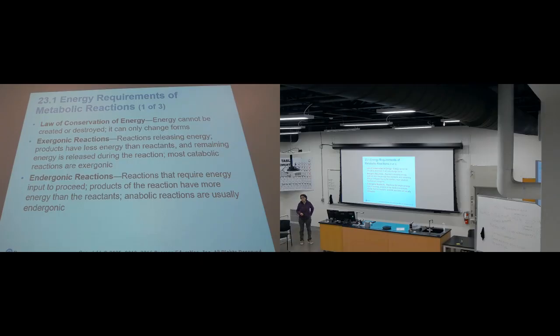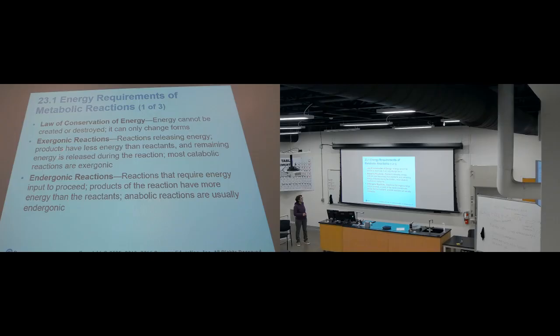It only changes its form. So we have different forms of energy. We have kinetic energy, which is energy in motion, and we have potential energy, which is a form of storage of energy. It's like when you are recharging your battery and you have a certain voltage in your battery, so that's potential. And then when you're using this battery voltage, that is kinetic energy.